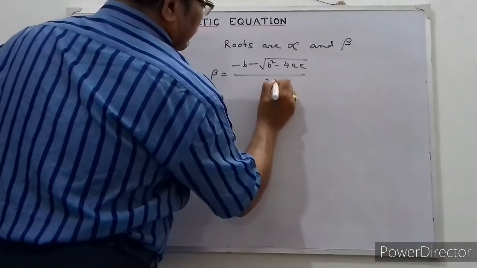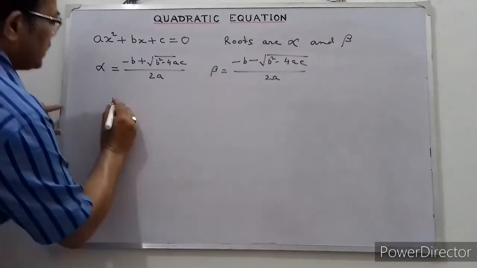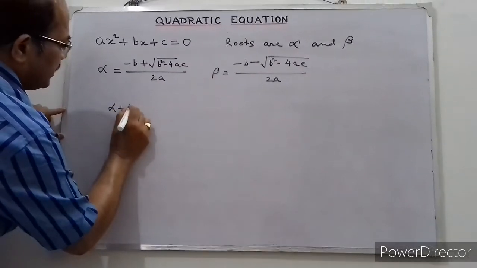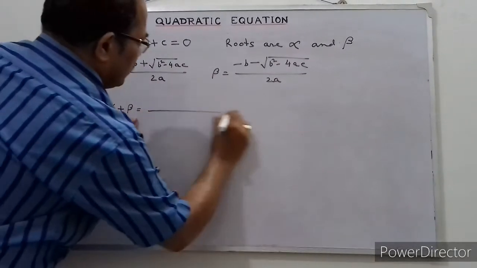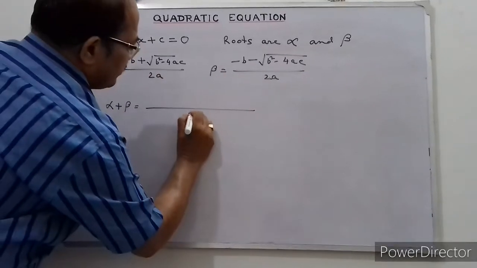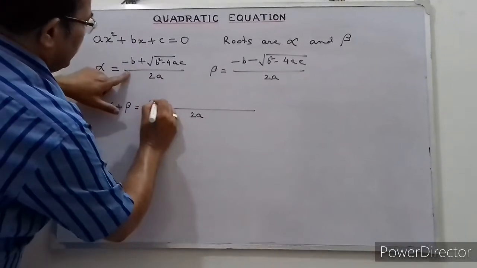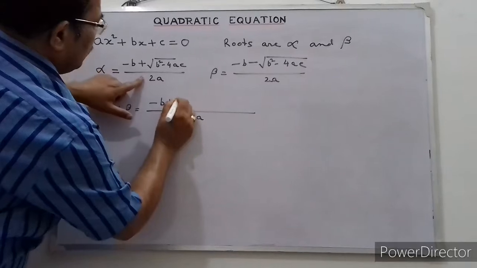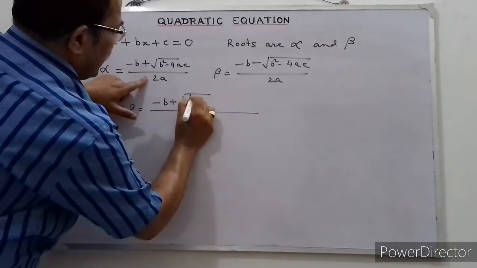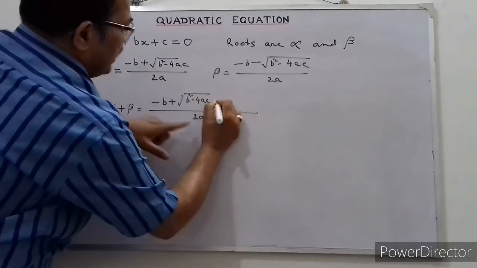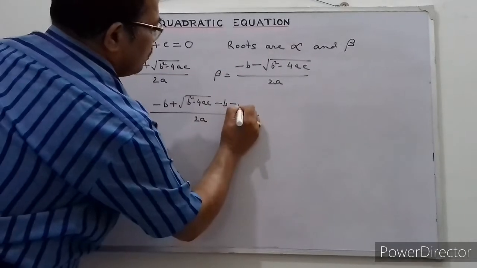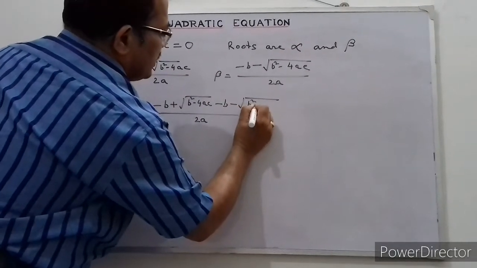So what is alpha plus beta? Alpha plus beta equals, the LCM will be 2a. This is minus b plus root b square minus 4ac, and this is minus b minus root b square minus 4ac.